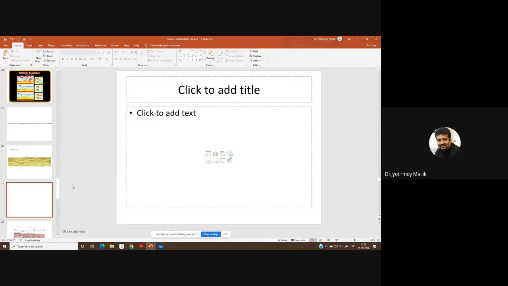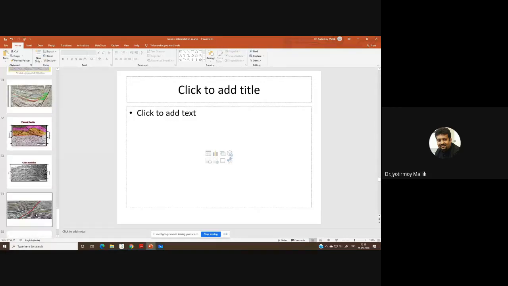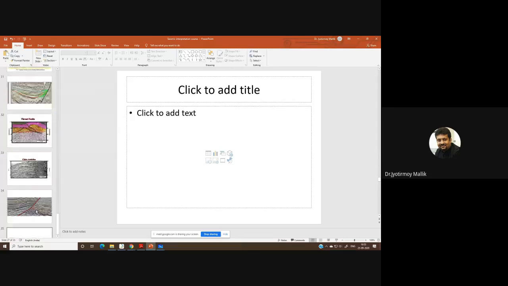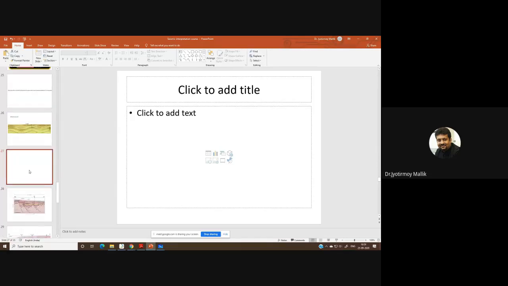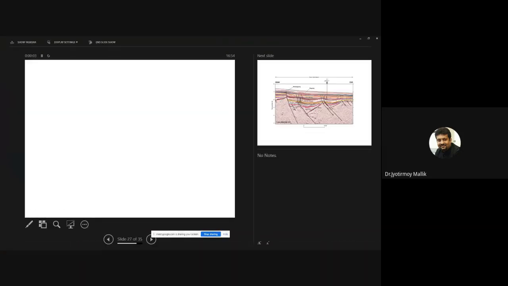Excellent, Pratichi. So the gross rock volume will be then, did I remove it? Seems I have removed it. Doesn't matter. So the gross rock volume is equal to 100 square kilometers multiplied by 10 meters.